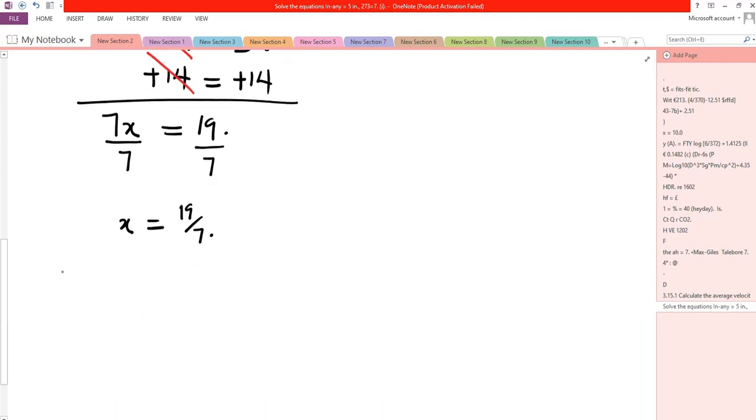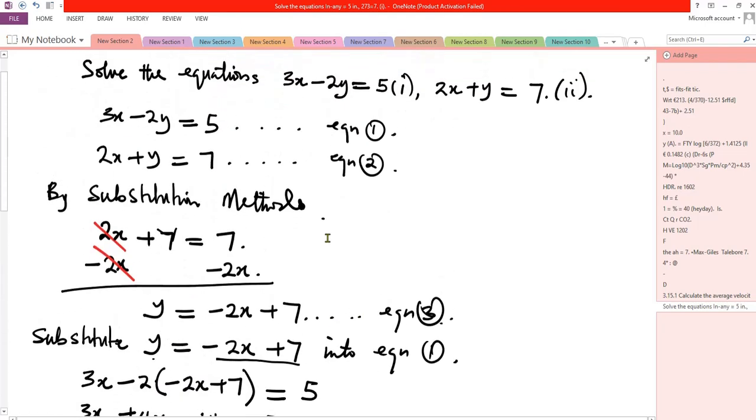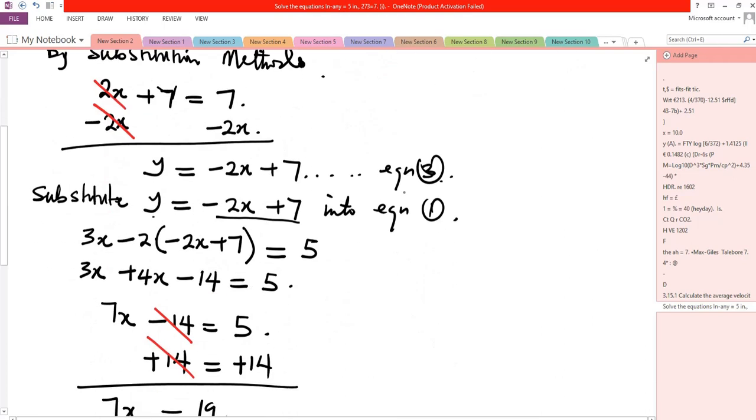What you're going to do next to get your y is substitute x equal to 19 over 7 into equation 3.